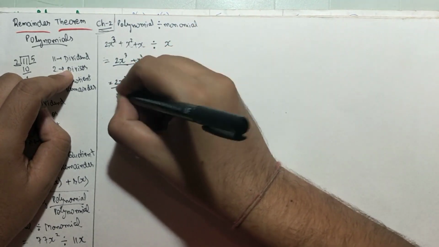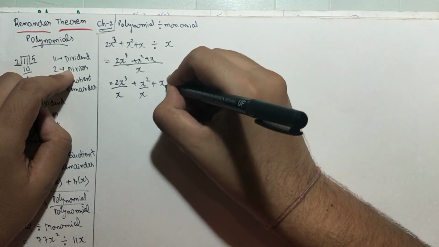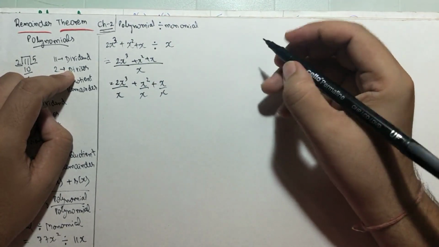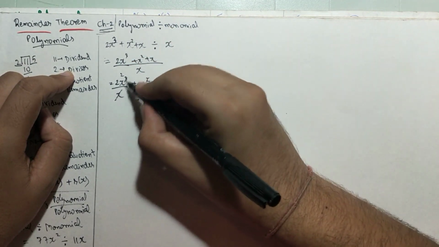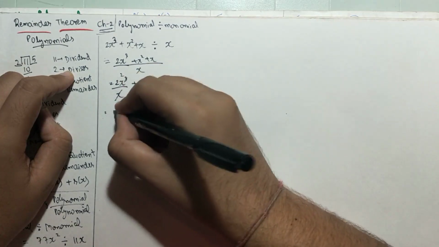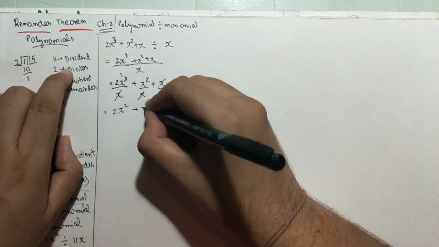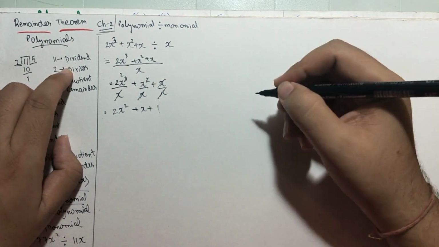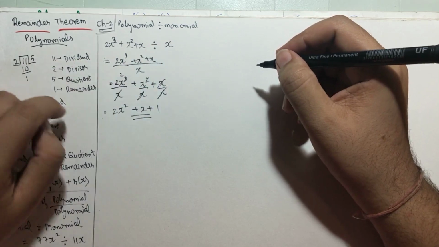They will become 2x cube by x plus x square by x plus x upon x. Here x cancels, here x cancels, here x cancels. So the first term will be 2x square, the second term will be x and the last term will be 1. So this is your answer if you divide a polynomial by a monomial.